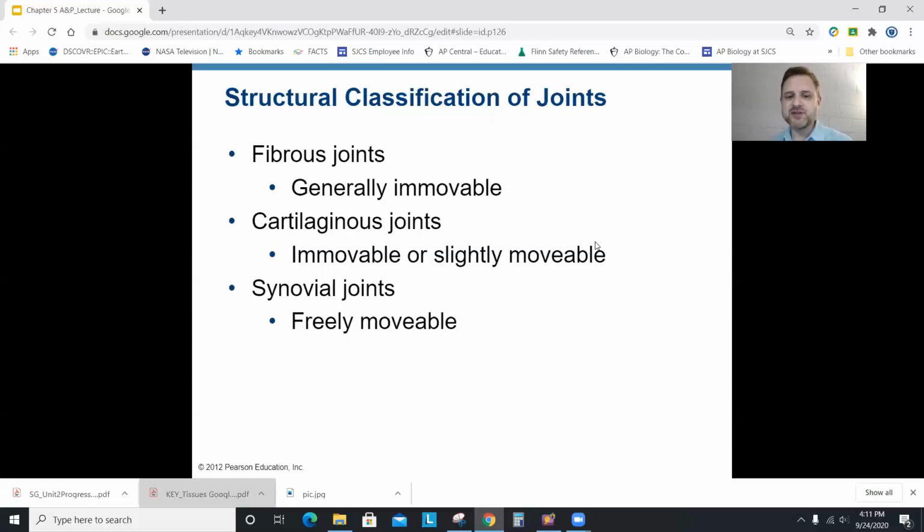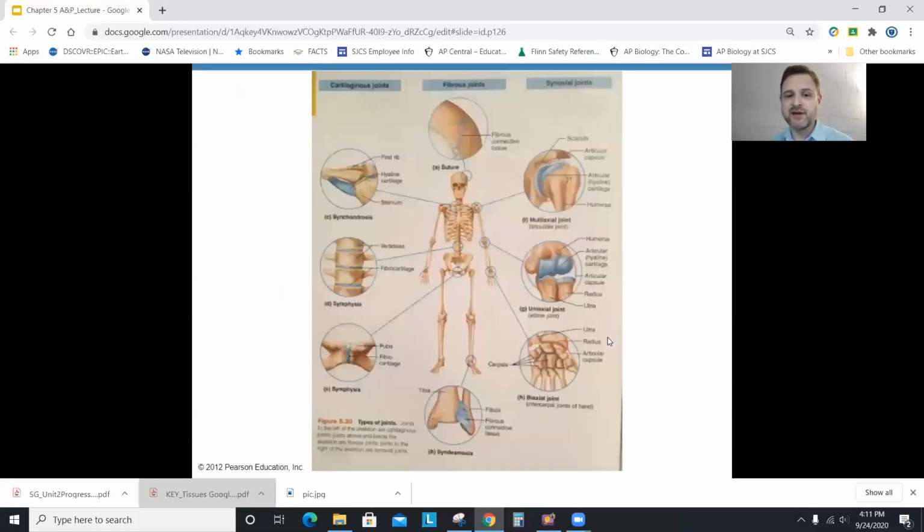Cartilaginous joints are either immovable or slightly movable, like the cartilage between your vertebrae. You can move that, but they don't rotate all the way around. And synovial joints are freely movable, like your arm, your elbow, your knee, things like that. This is just a picture from your book.